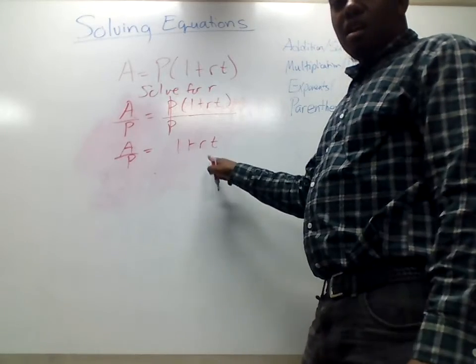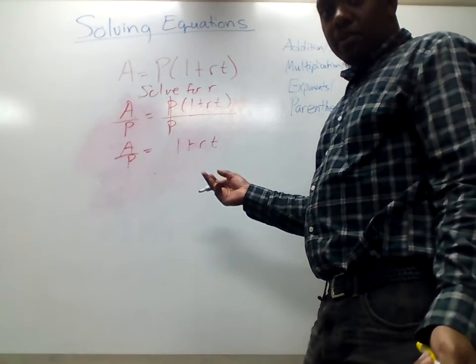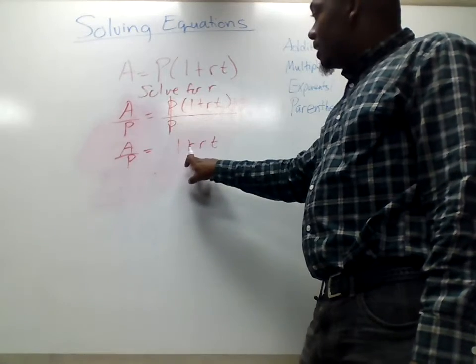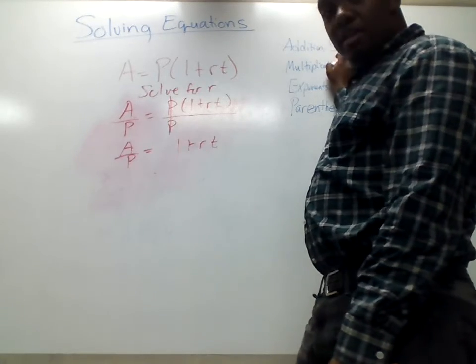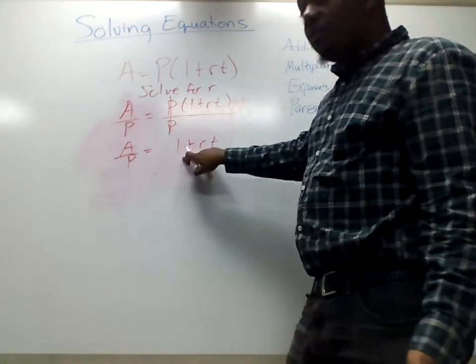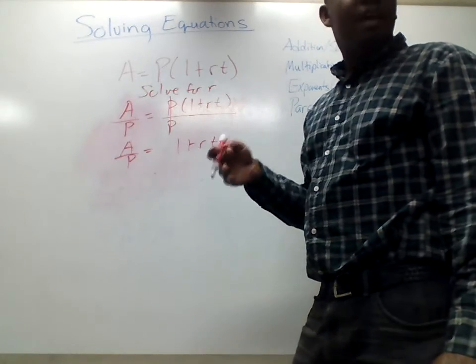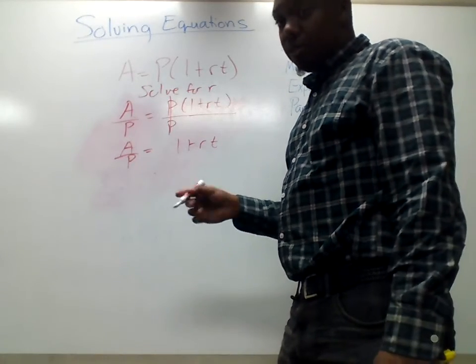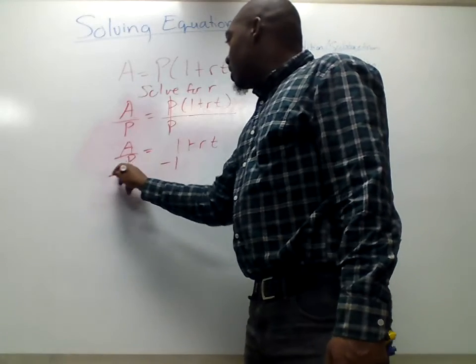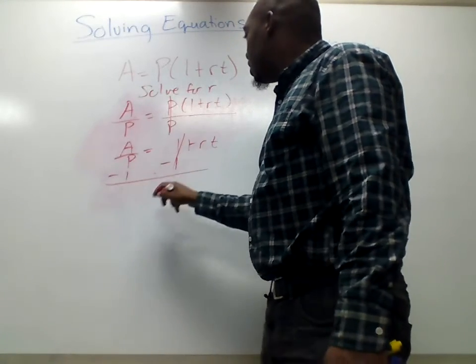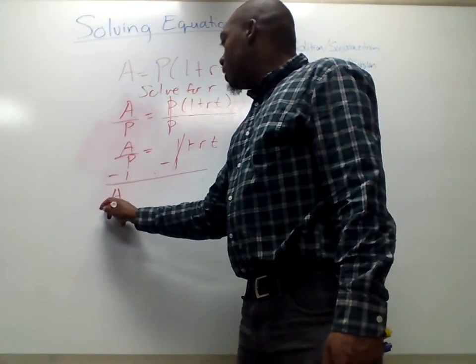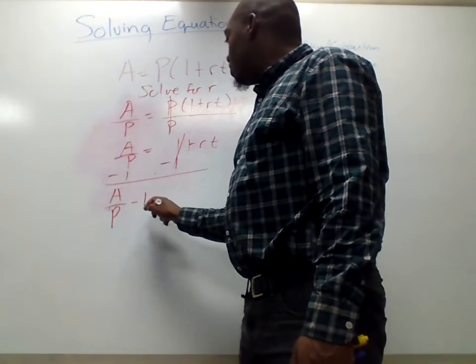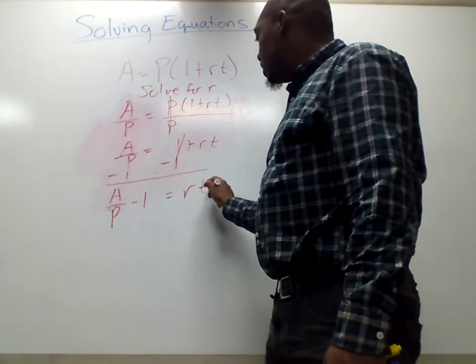And I'm still trying to get R by itself. Well, if I'm doing order of operations backwards, the last thing I see occurring would be addition. We're adding 1. So the inverse operation of adding 1 would be, yes, subtracting 1. So I subtract 1 on both sides. I get A over P minus 1 equals RT.